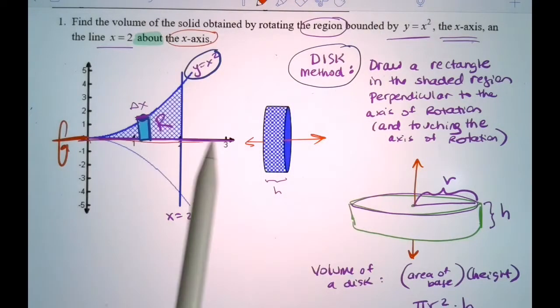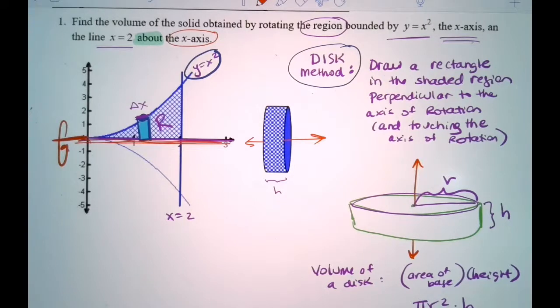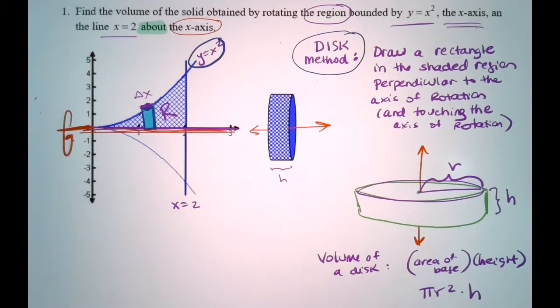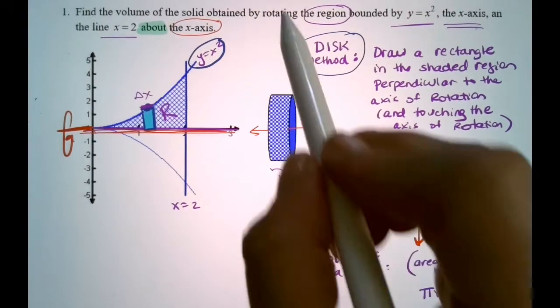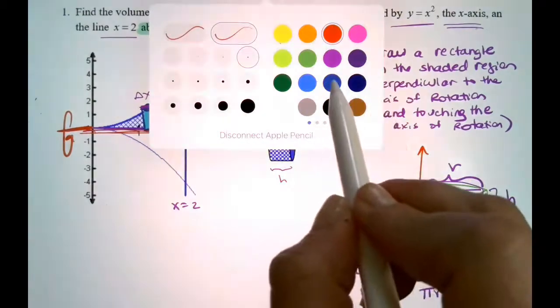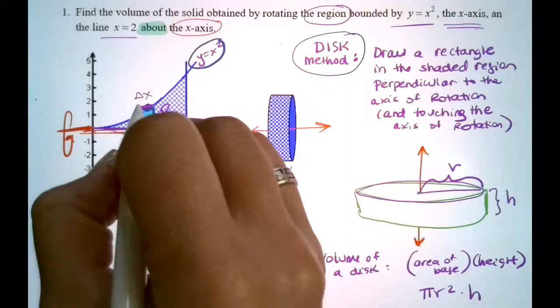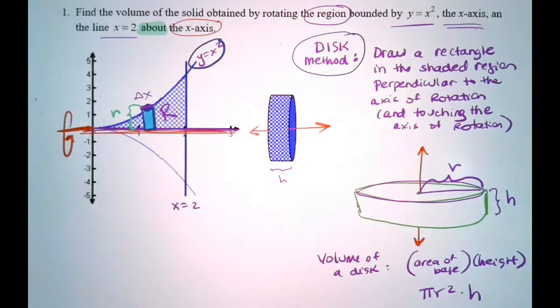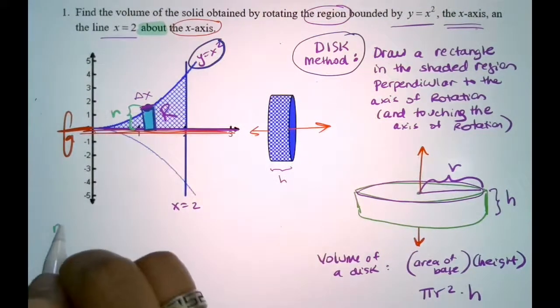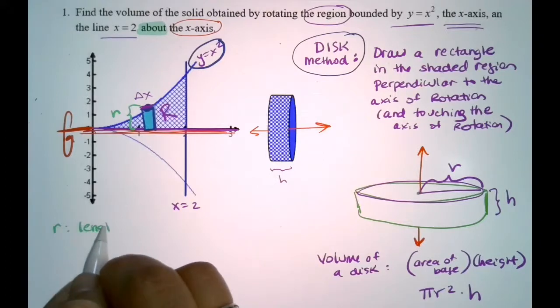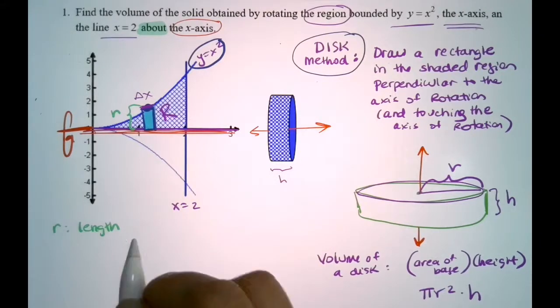Let's think about how I'm going to do this. I need to think about this in terms of what's the R and what's the H and all of that kind of stuff. So if I mark up my picture, which I'm going to do, your R is basically the length of the rectangle.